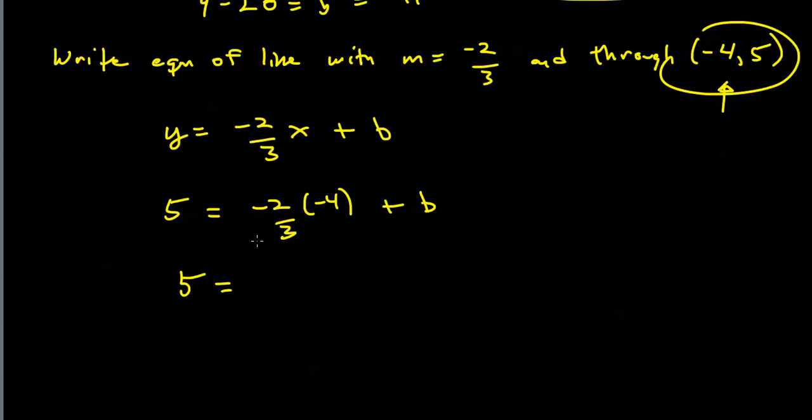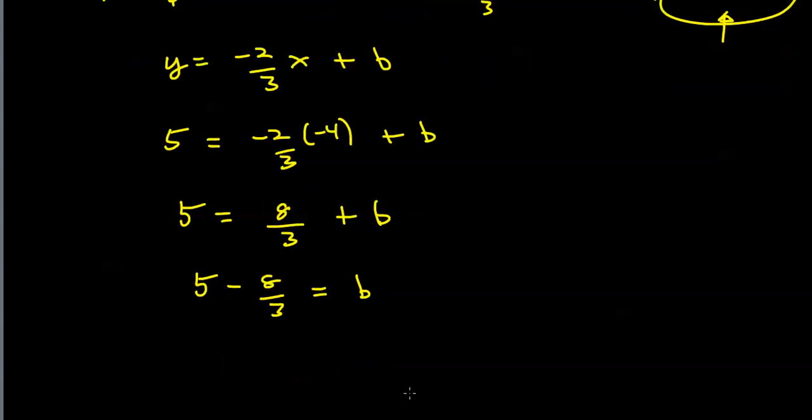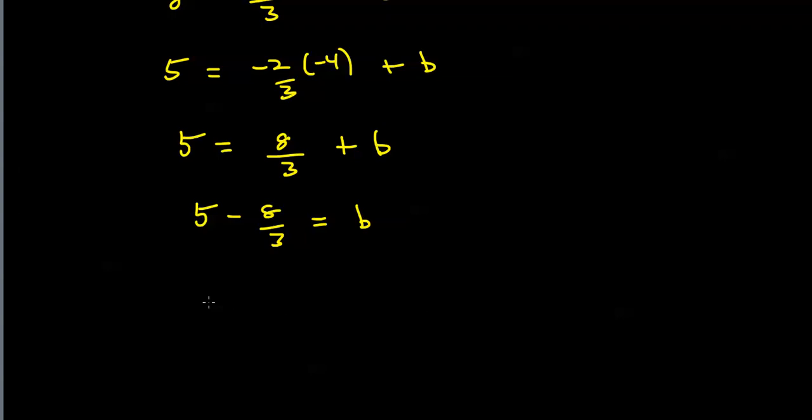5 equals -2/3 times -4, that's +8/3, plus b. If I subtract 8/3 from both sides, I can solve for b. I'm going to have to get a common denominator here. 5, of course, is 5 over 1. If I multiply top and bottom of 5 over 1 by 3, I get 15/3.